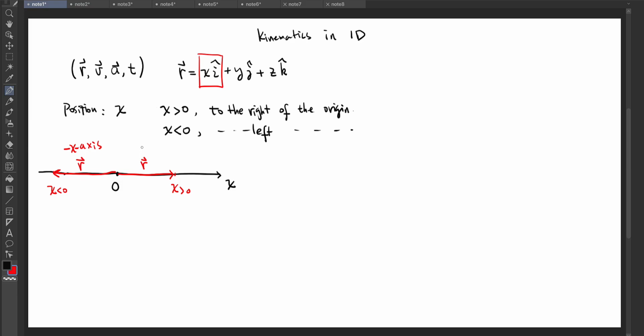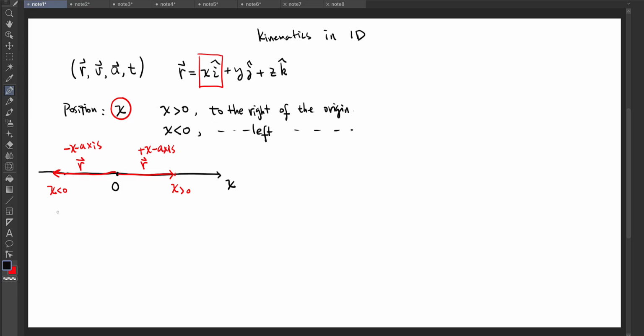And this other position vector is pointing along the positive x-axis. So in 1D motion, the representation of the object's position simplifies to just a single x, and the sign of the x will represent the direction. So that x already includes both magnitude and direction. That's the simplification I want to mention for the 1D motion.